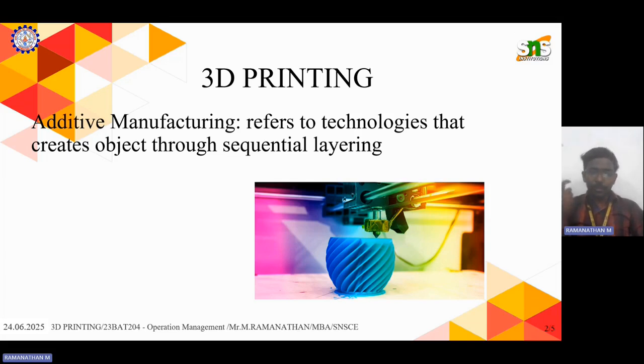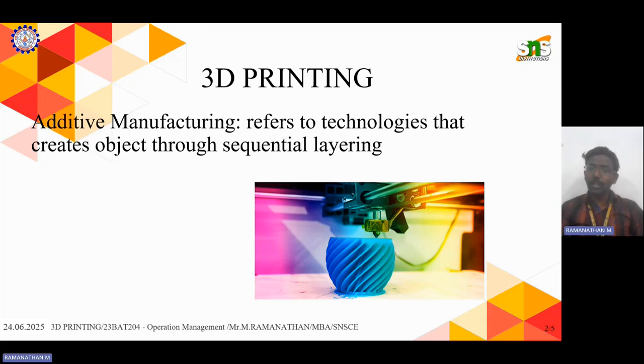If you look at the image itself, you can see there is a 3D machine where the liquid or the material has to be loaded. It may be plastic or nylon and so on, whatever material it may be. You have to upload the design in the software.